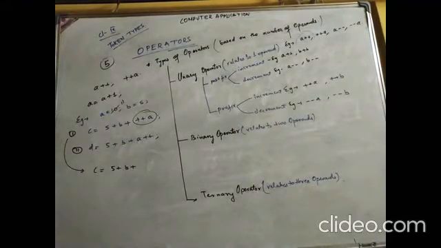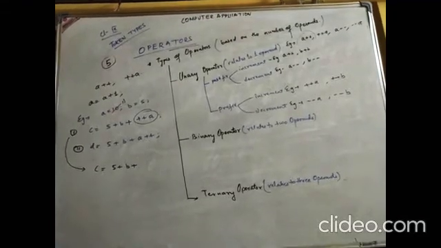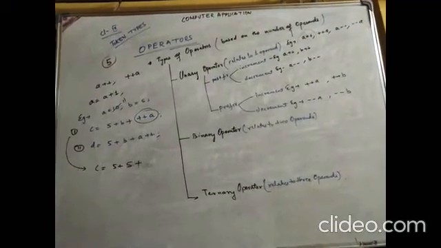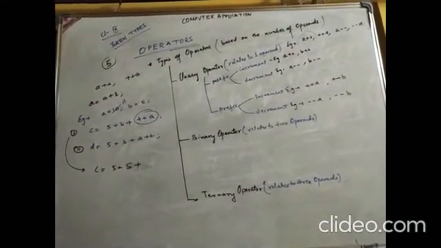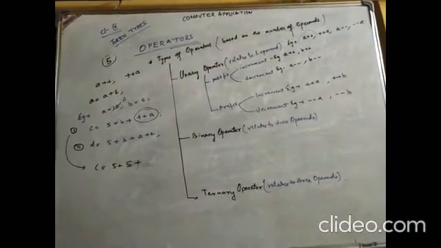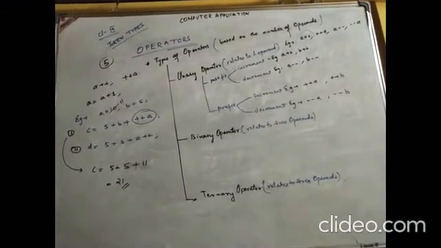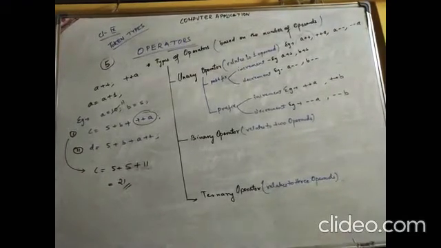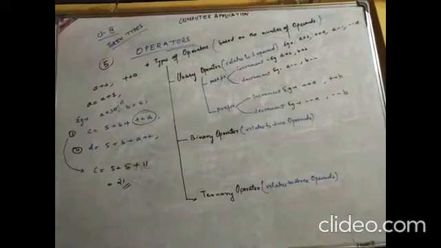Then you will use the new value of a, 11. So c equals 5 plus 5 plus 11. Why 5 plus 5? The value of b is 5. So 5 plus 5 is 10, and 10 plus 11 is 21. Clear? This is how you get the value of c.